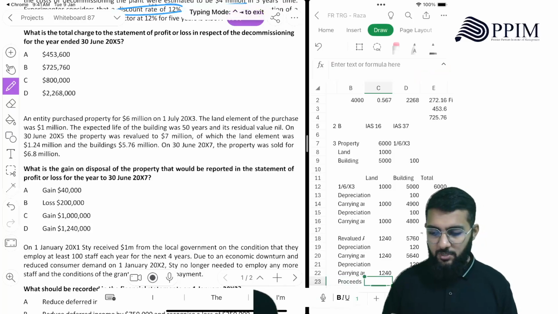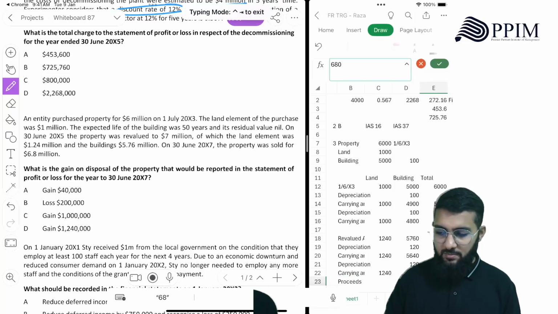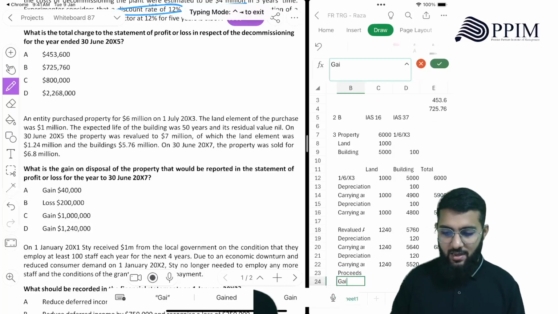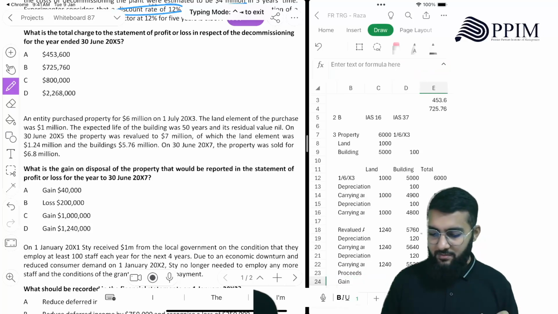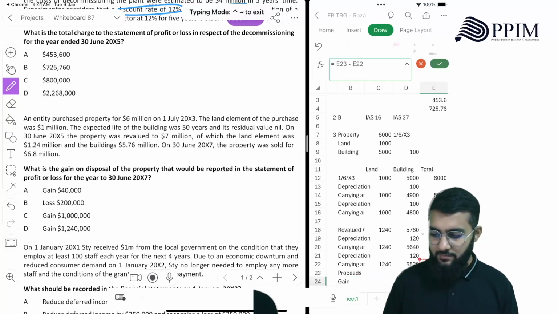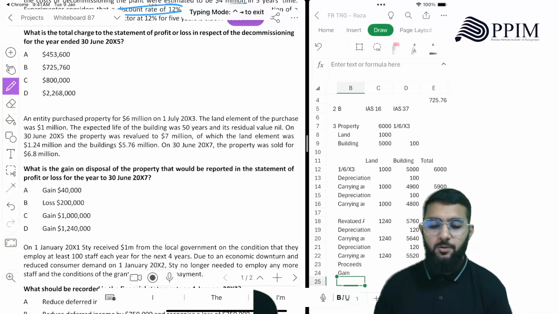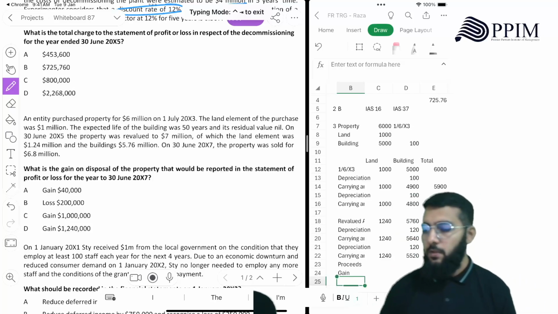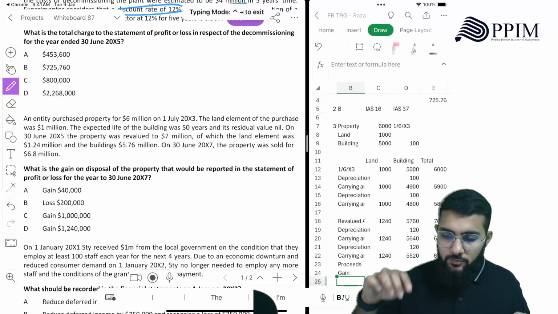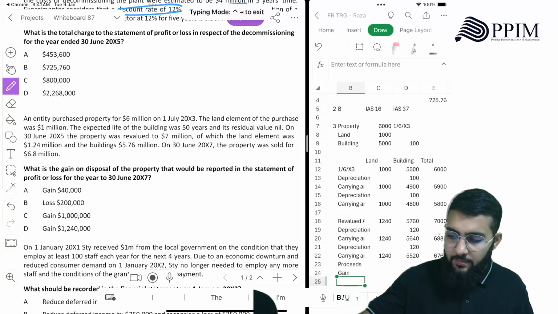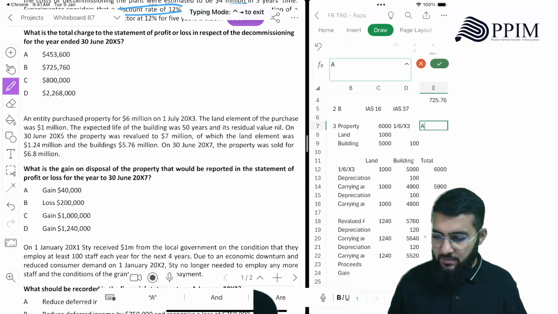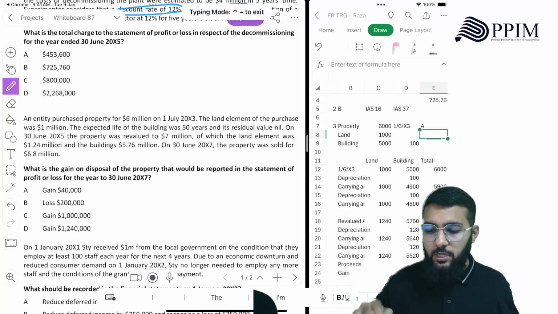Proceeds. How much? 6800. So what is going to be the gain? Do we have that option here? Option A. Right. Again, what's the reference? IAS 16. Is that clear?